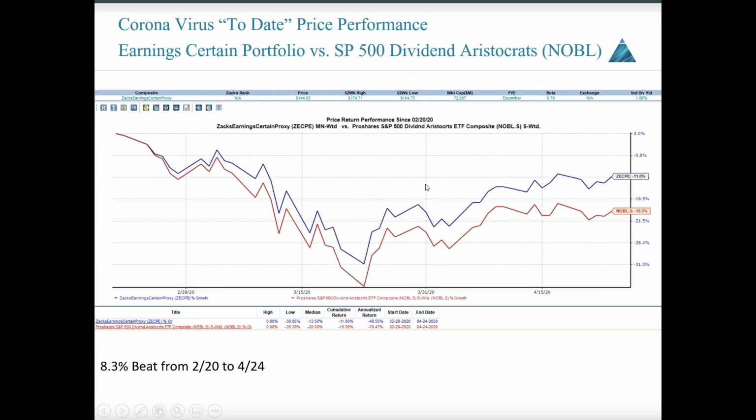If we take a look at Noble, there's a huge part of the presentation I do on Noble. I'm not going to go through it now, but Noble's another one that's a really, really popular ETF of aristocratic dividend names. We do that as well with the earnings certain portfolio. It's a byproduct of the portfolio. We're beating Noble by 8.3% on price return from 2/20 to 4/24.